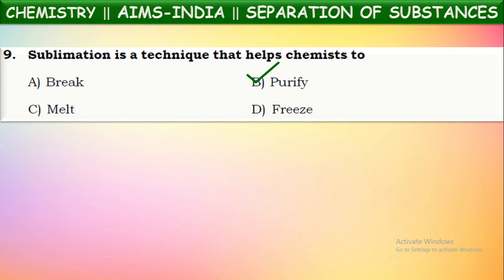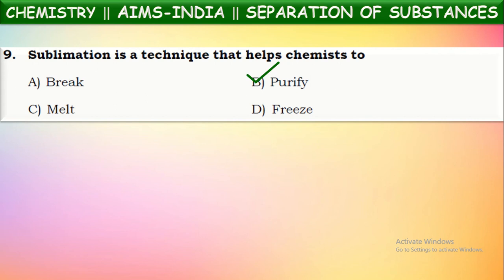So they can get the sublimable substance by the process of sublimation. When it is heated, the sublimable substance is converted into vapor state and collected separately. So mostly chemists use this technique for purification of chemical substances from impurities. Okay.